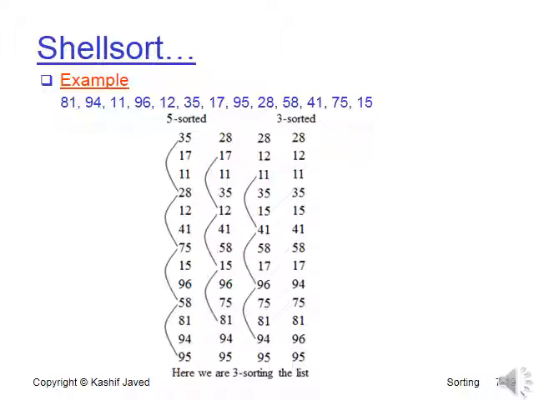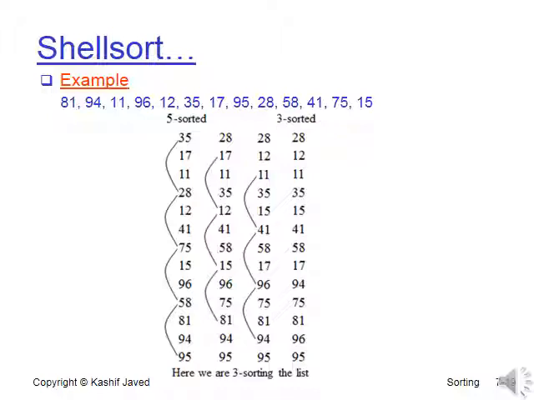Finally, we will look at numbers 11, 41, 96, and 94. Sort or swap the values such that we have numbers 11, 41, 94, and 96 in the array slots.